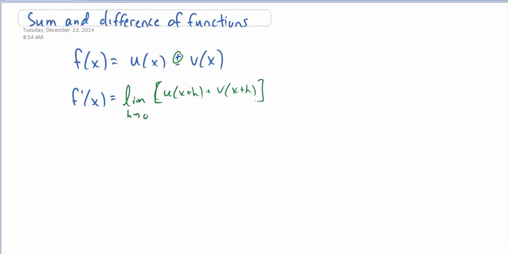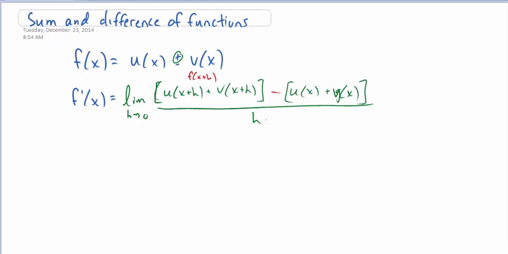That's our f of x plus h, that whole thing. And then we're going to subtract f of x. And of course, that's all over our good friend h.